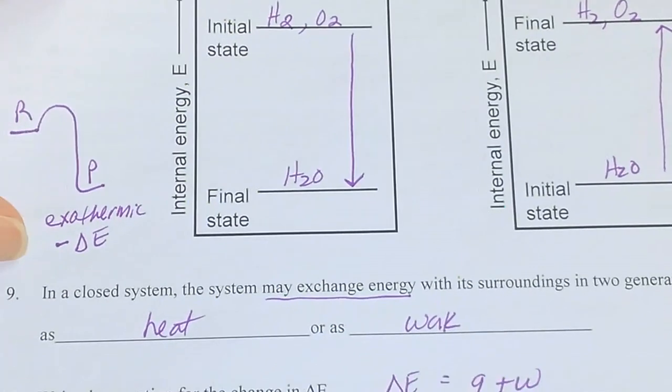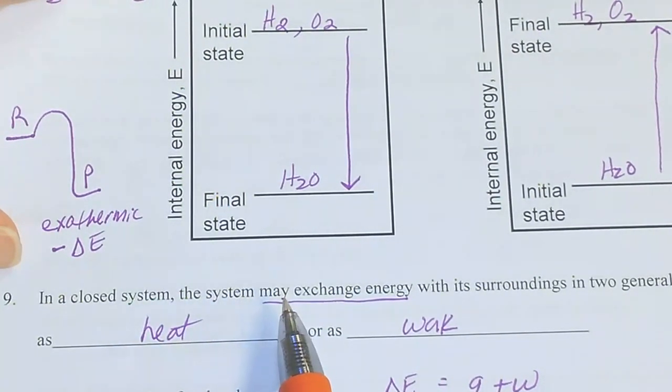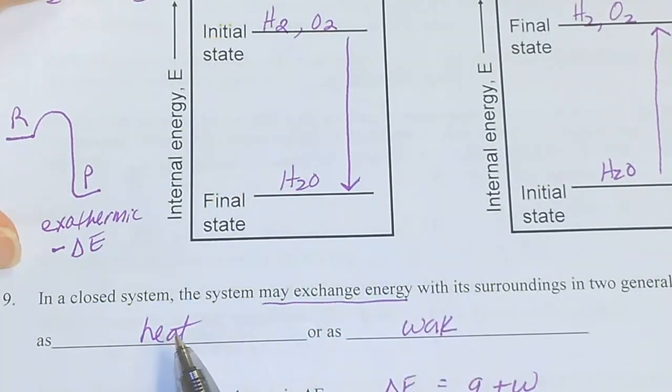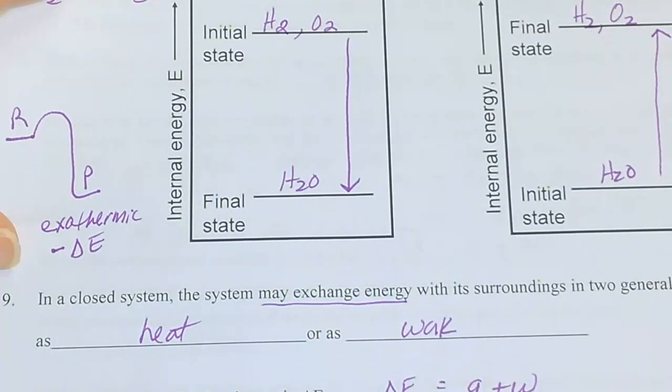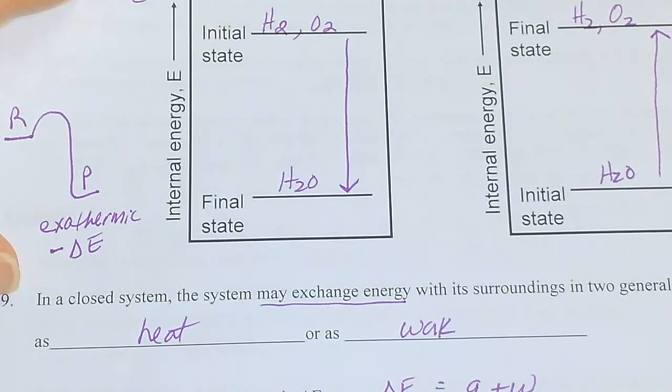So here's where we left off. In most classes, in a closed system, the system may exchange energy by either a heat exchange or a work exchange or a sum of both. The change in energy is heat plus work.